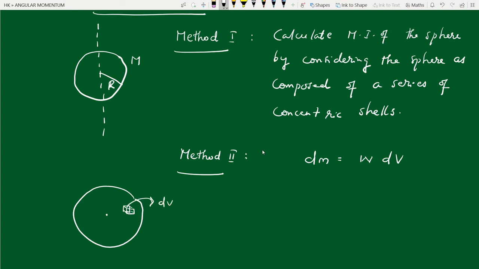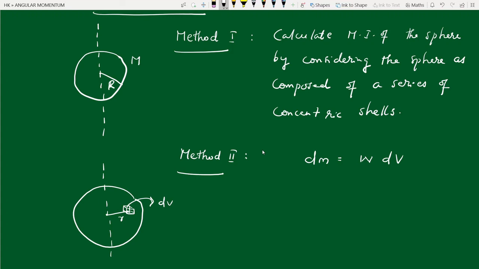Its volume is dv. This is our axis. Now this differential mass you take at a distance, let us say small r, from the center.